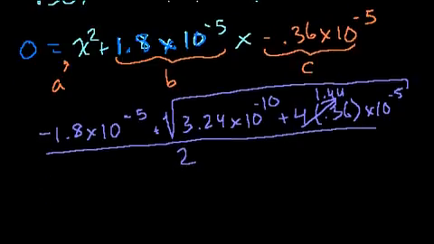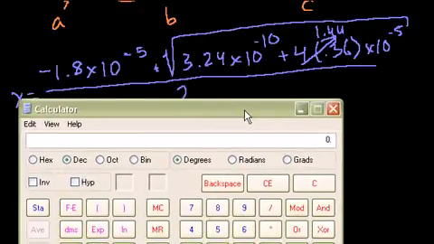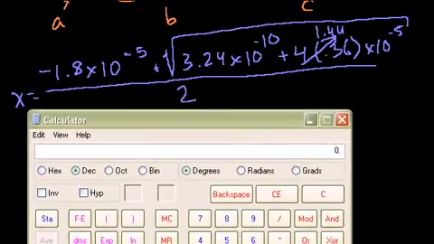And this is my x value, my concentration of OH. So let's see, I have 3.24 times 10 to the minus 10, that's that, plus 1.44 times 10 to the minus 5 is equal to that.